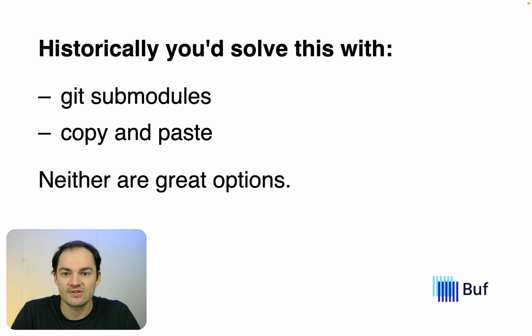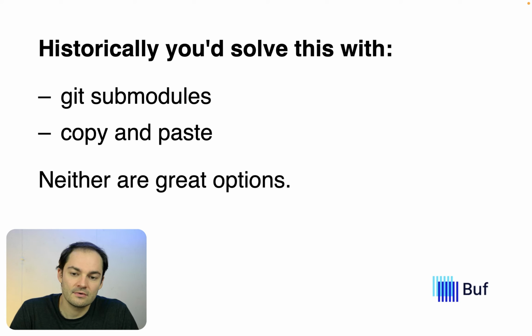We won't spend too much time in this section, but historically, if you wanted to solve the problem of depending on proto files from another location, you'd either use Git submodules, but unfortunately that leads to a poor developer experience, or you would copy and paste the files or the definitions around. But that comes with its own slew of problems. One, it's usually error prone because you're doing it manually.